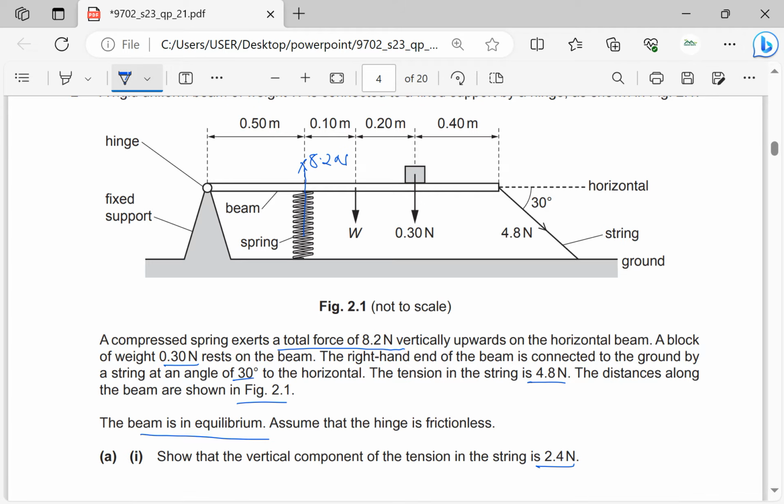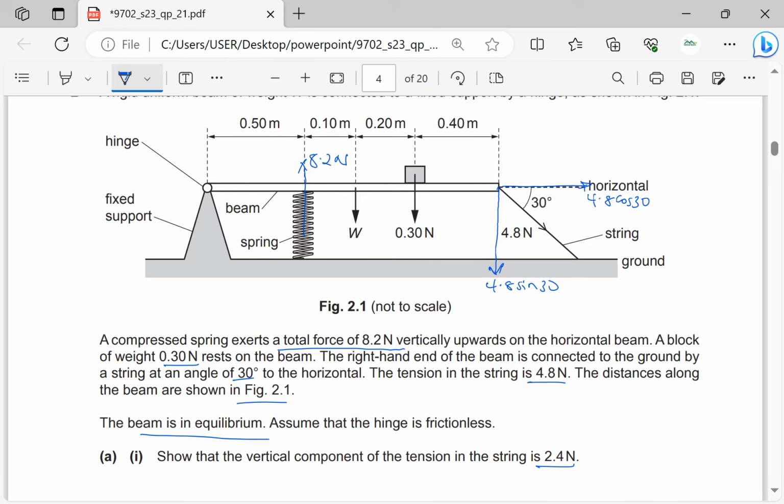So this is the string. We have to find the vertical component. In other words, we resolve the tension here in the vertical. It will even point downwards. So using the angle of 30 degrees, resolving to the horizontal, it will be cos. To the vertical, it will be sine. So to the horizontal, it will be 4.8 cos 30. To the vertical, it is going to be 4.8 sine 30.